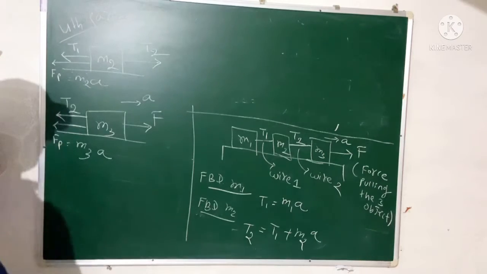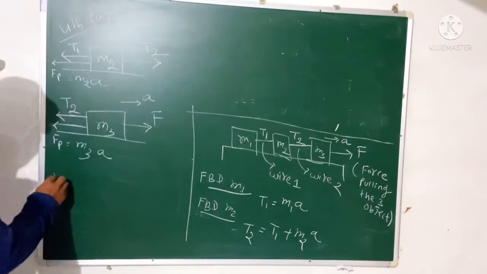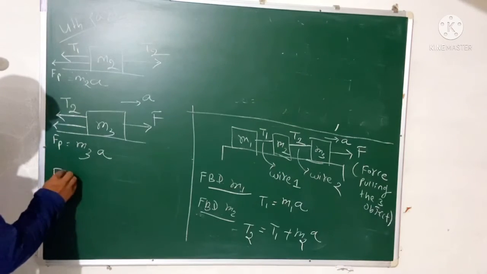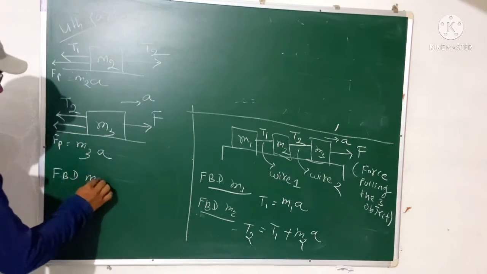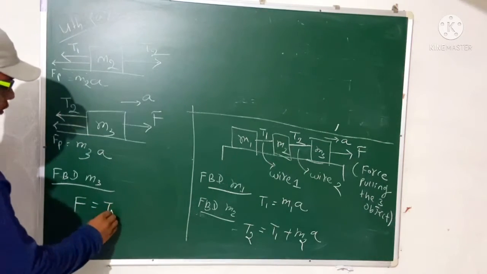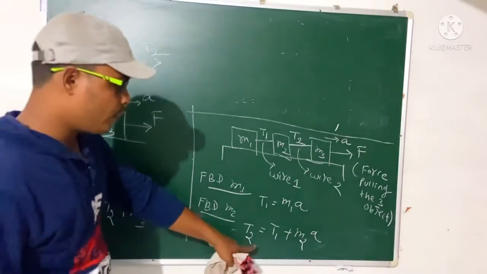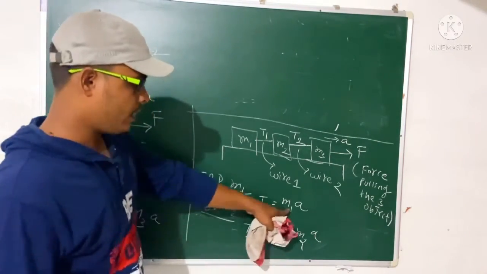So what will happen in the FBD for M3? That is F equal to T2 plus M3A, right? So T2 equal to T1 plus M2A. What is T1? M1A.